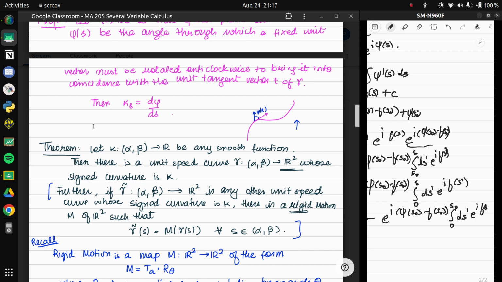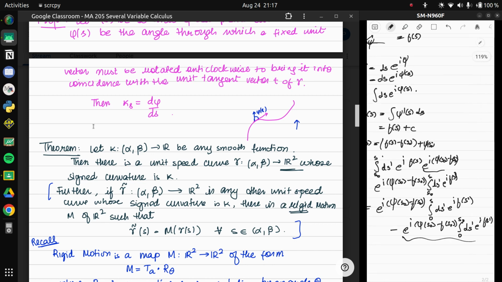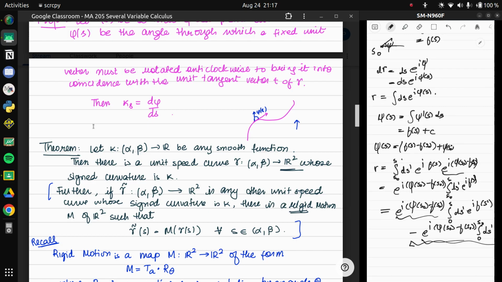So what that means is you just have some sort of a constant, right? This whole thing is just some constant, I shouldn't say a constant, but just some sort of a constant rotation.